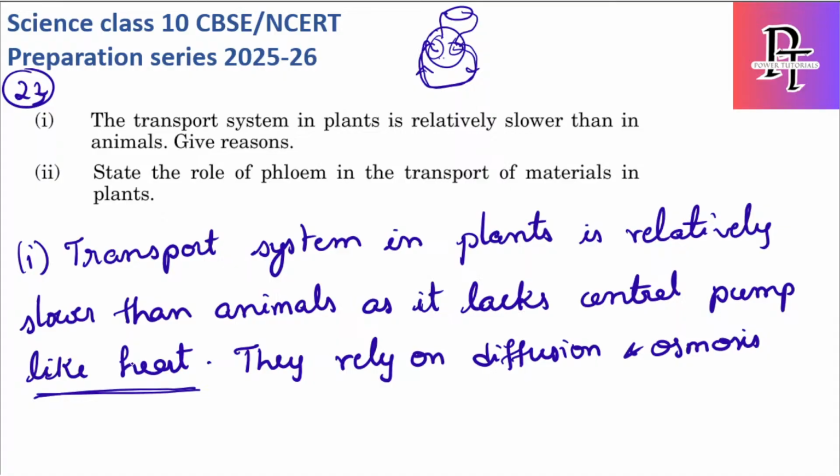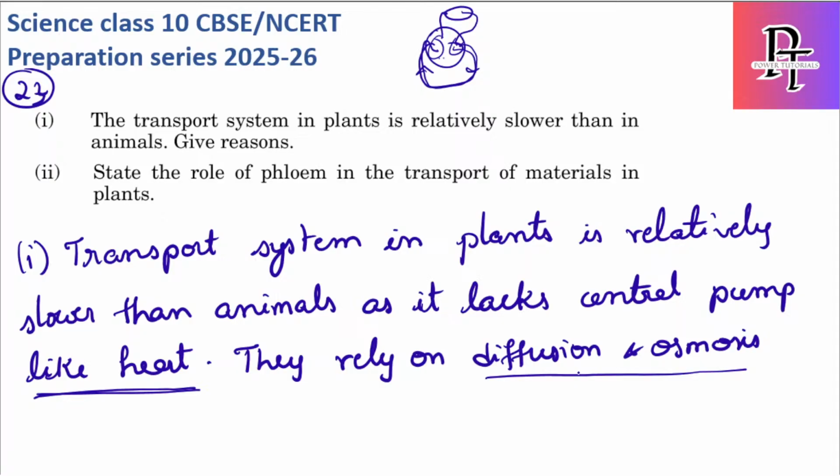Whenever you have biology theoretical questions, underline the main points, so they simply see the underlined points and give you full marks. Plants rely on processes called diffusion or osmosis, which work through pressure variation, so materials move from high pressure to low pressure.